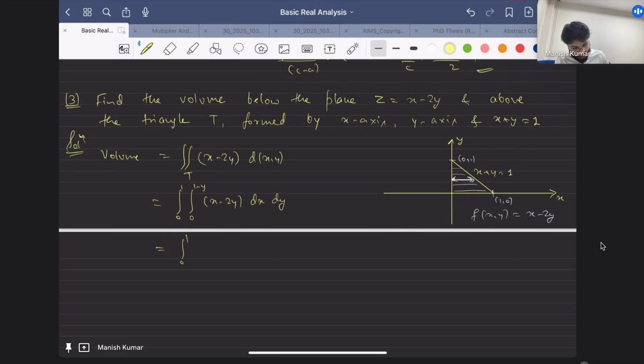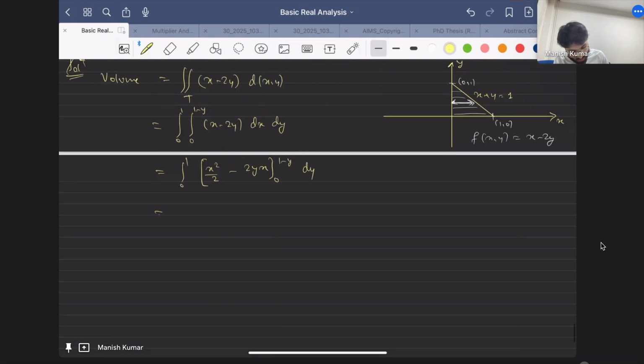So this is x squared by 2 minus 2yx, from 0 to 1 minus y, dy, and then y from 0 to 1. This is 1 by 2 times (1 minus y) squared, minus 2y times (1 minus y).